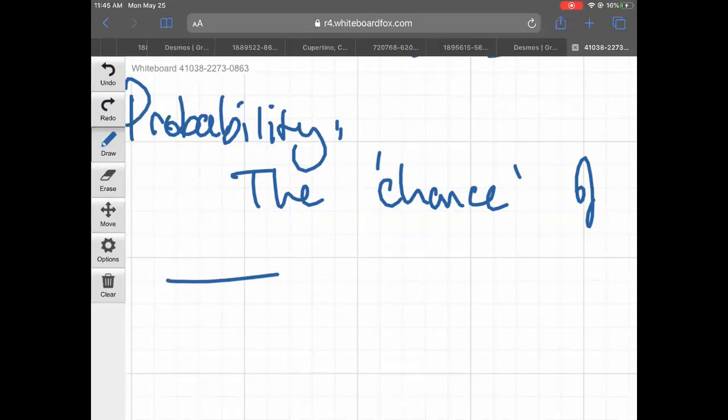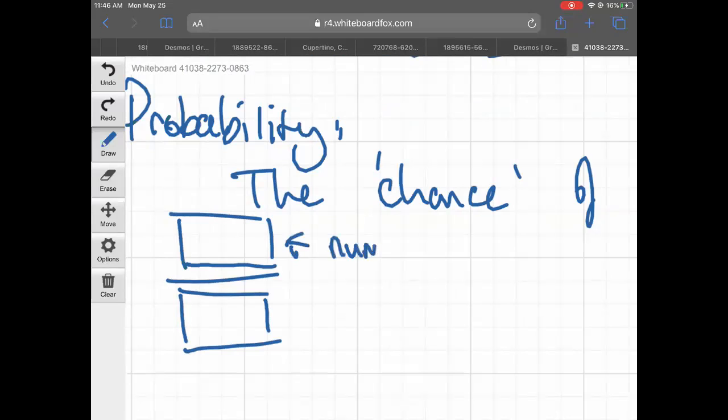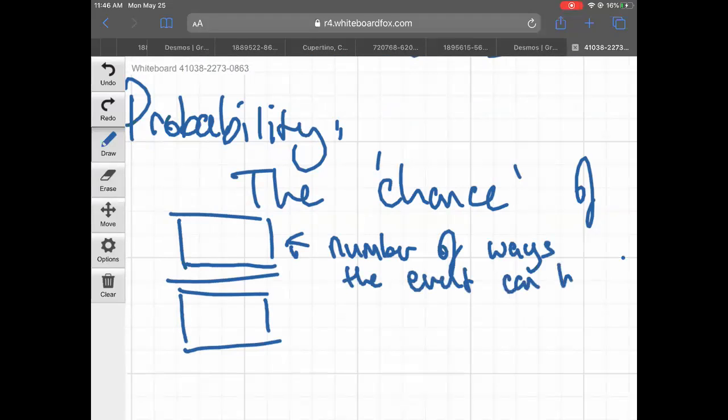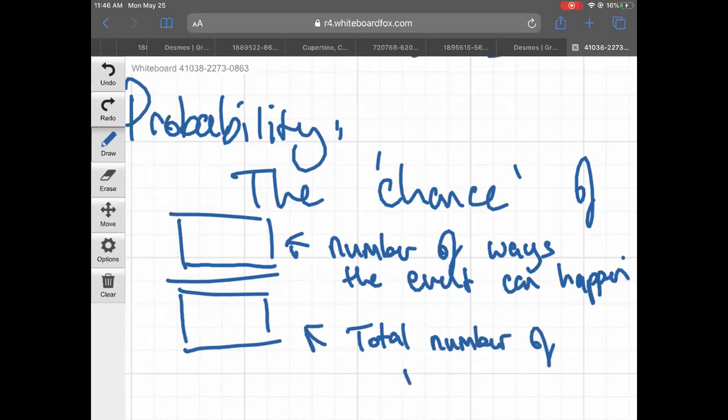We often describe it as a fraction where the number on top would be the number of ways the event can happen, divided by the total number of possibilities.